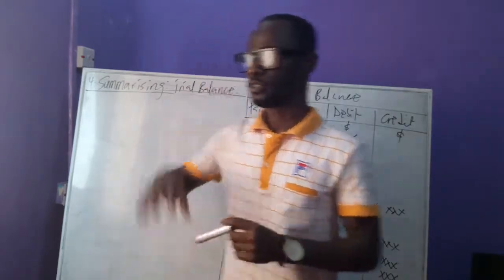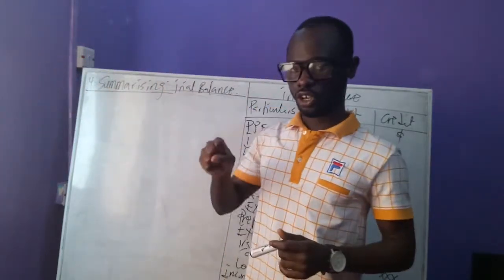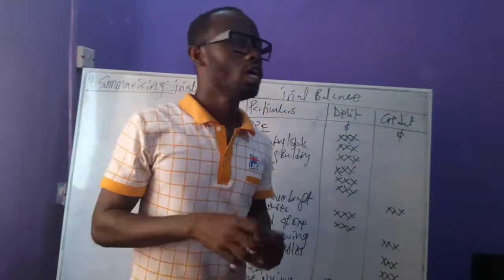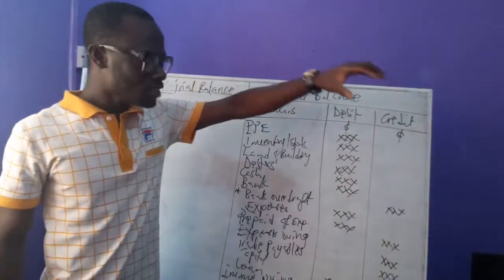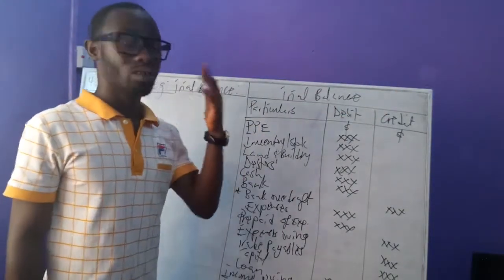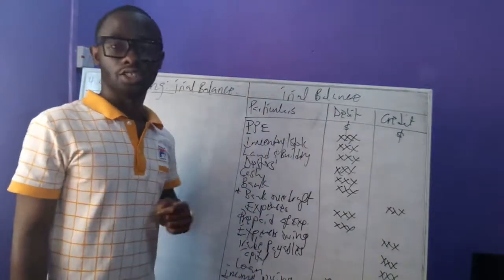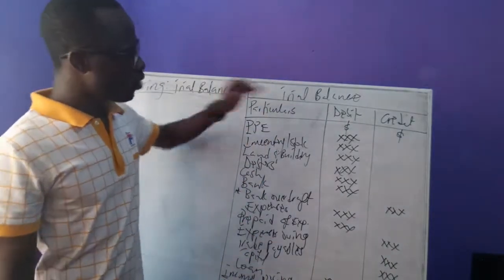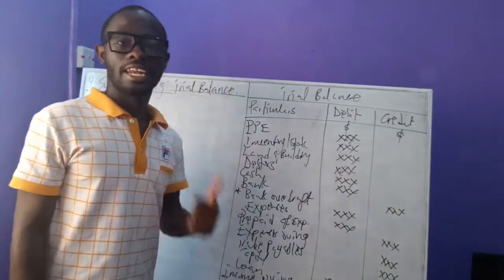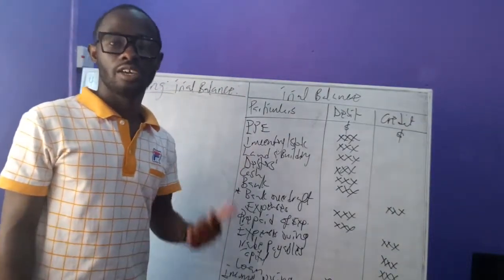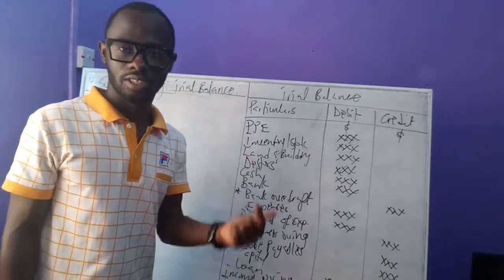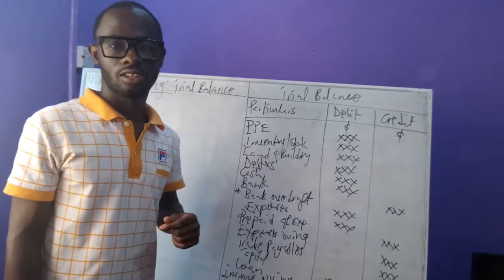What are we saying? We collect the information from source documents, we record the information in daybooks, then we classify them into ledgers, then we summarize them in the trial balance. So once we have summarized them in the trial balance, the next thing we do is to prepare and present the financial statement.